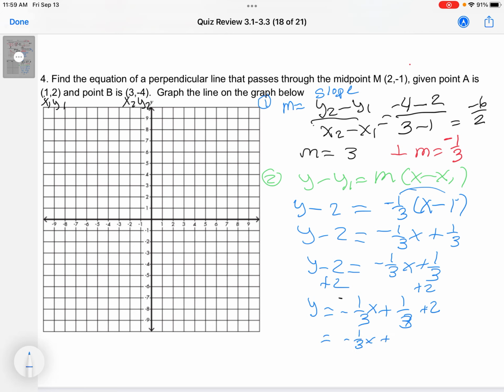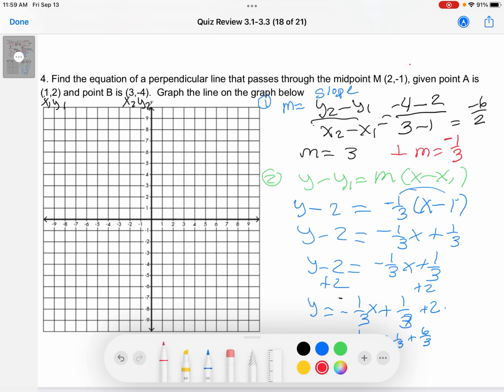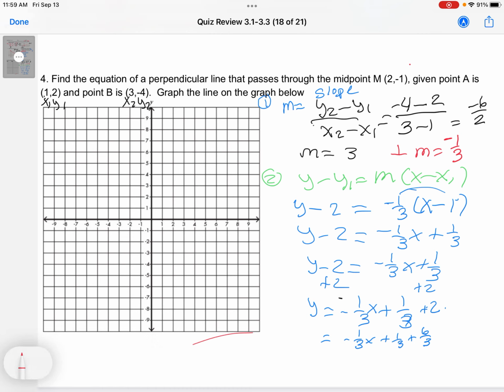So -1/3 x plus 1/3, the 2 becomes 6 over 3, because 6 divided by 3 is 2. To find a common denominator, I multiply the top and the bottom by 3, so 6/3. So -1/3 x plus 7/3.